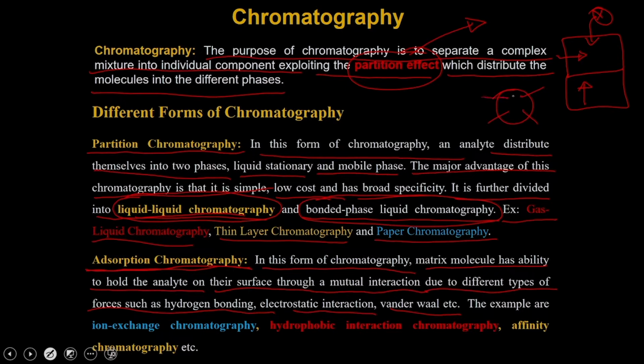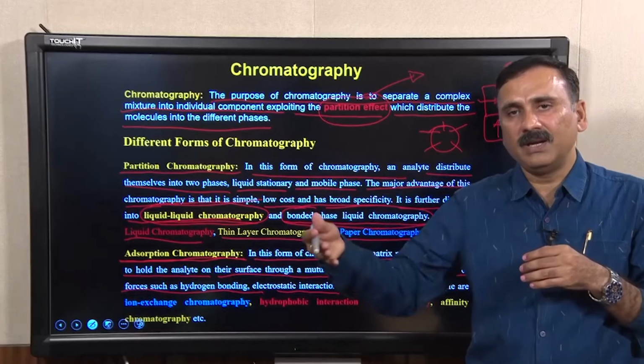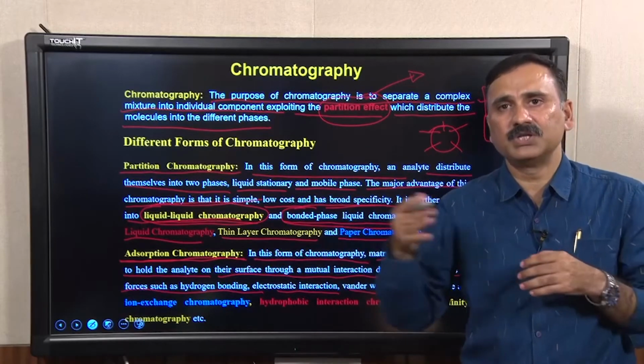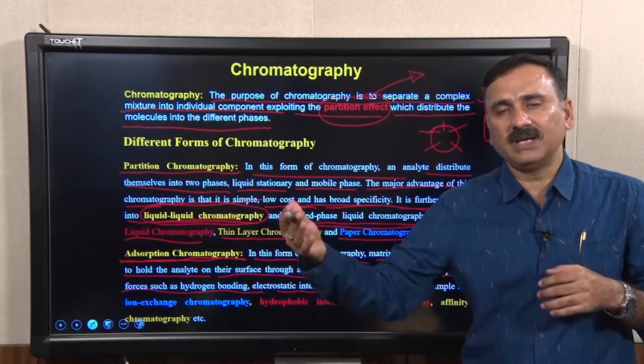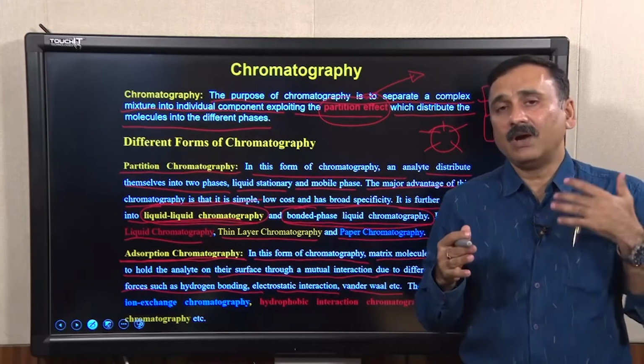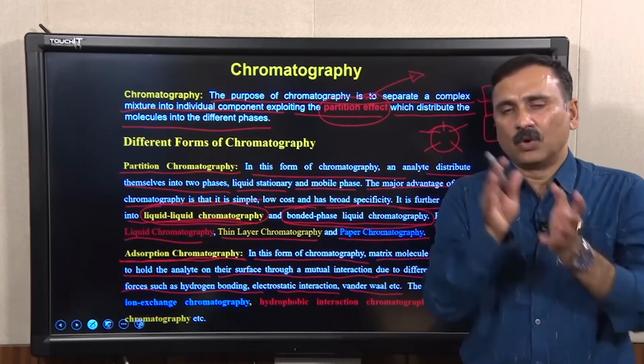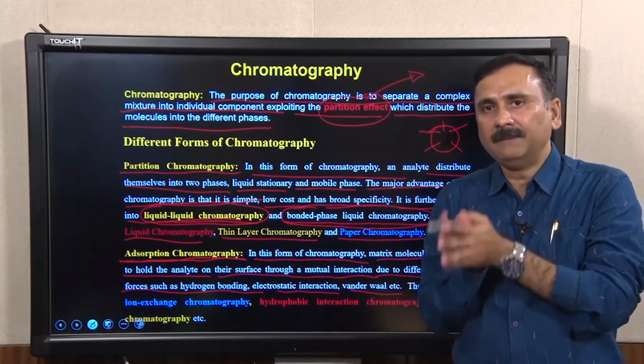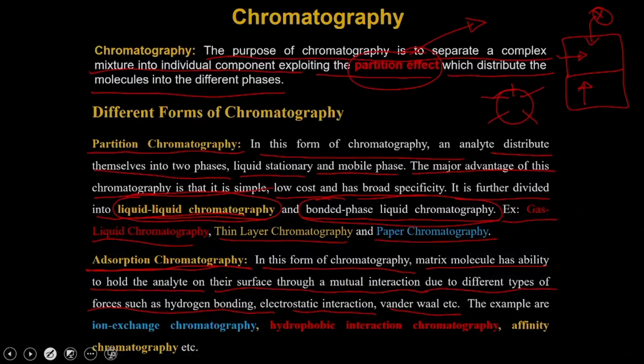These functional groups may facilitate different types of forces. For example, they can have hydrogen bonding, van der Waals interactions, electrostatic interactions, or hydrophobic interactions with the groups present on the protein. As a result, the molecules are going to be adsorbed onto these groups.